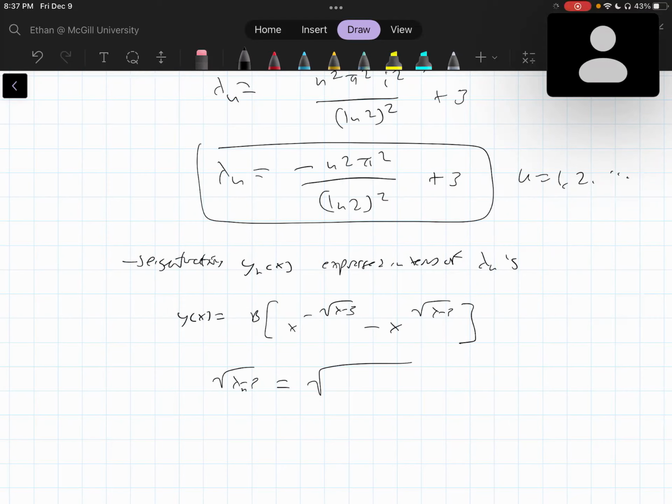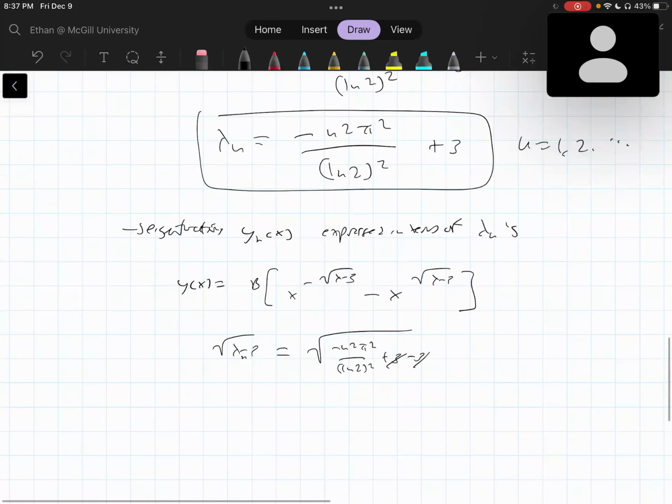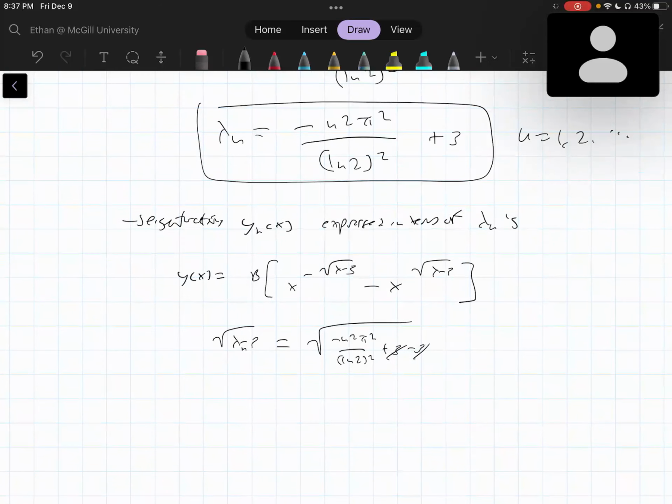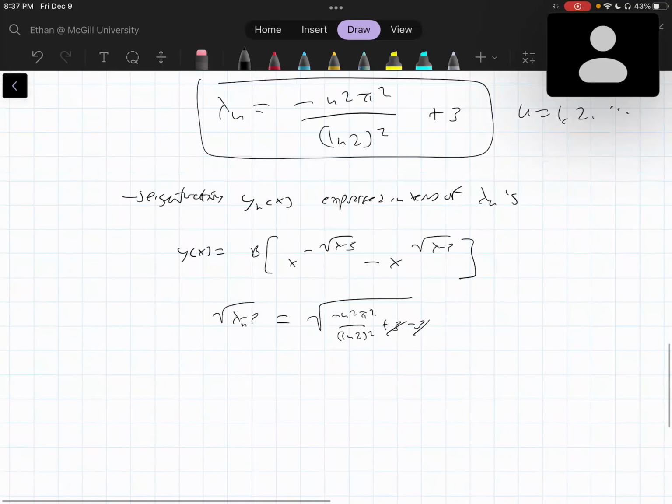So it's just going to be the root of negative n squared pi squared over ln 2 squared plus 3, minus 3. Obviously, the 3's will cancel. The root will be simple. The negative will come out as an imaginary number i. So that's just going to be equal to n pi i over ln 2.